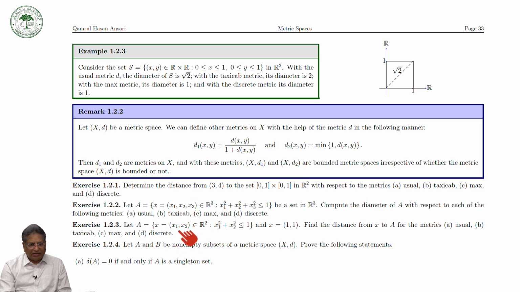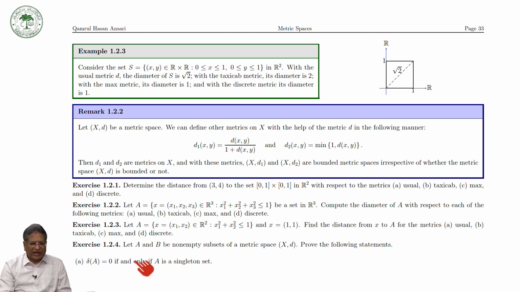And then here we have A and B, two non-empty subsets of a metric space (X, d). Prove the following statement: the diameter of A is equal to 0 if and only if A is a singleton set.